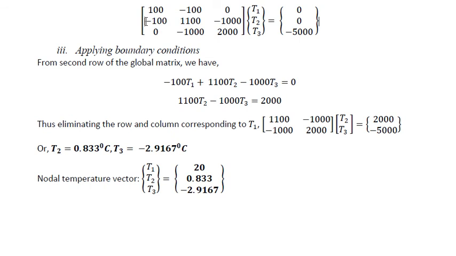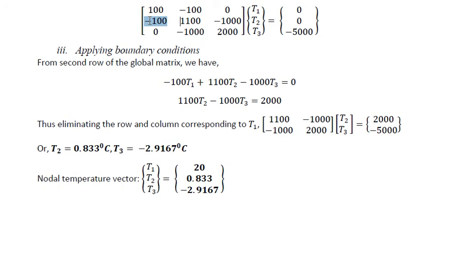Since T1 is given, observe this second row and observe this third row. The third row has its first element as 0.